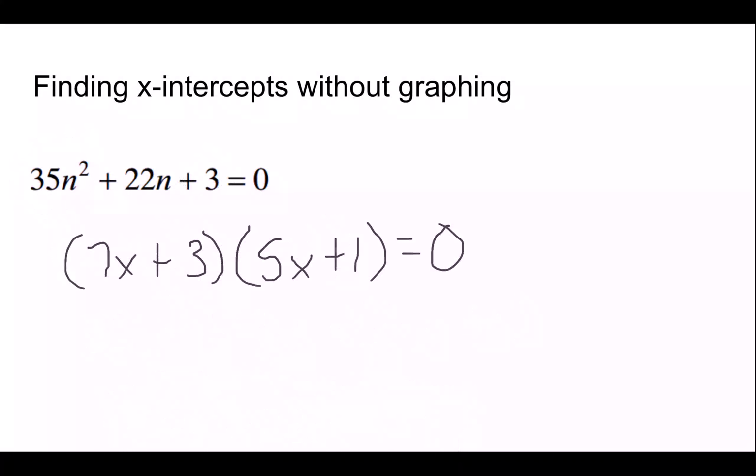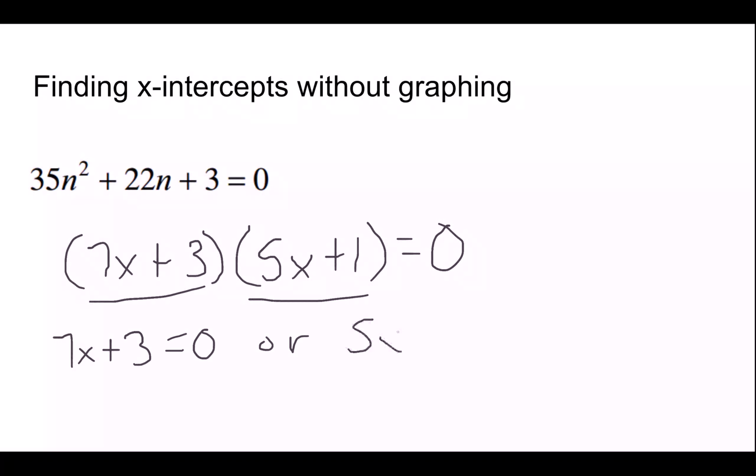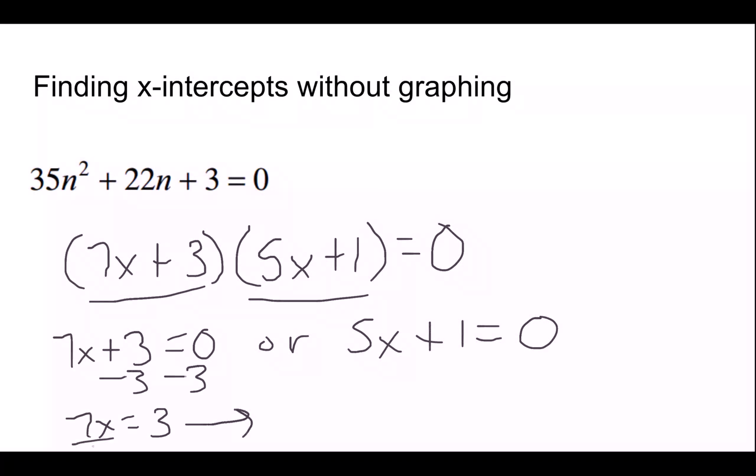Okay, so now that we have those, again, two things that multiply together to give you 0, one or both have to be equal to 0, so we're going to set both equal to 0. So this one or this one is equal to 0. And again, we'll solve through, so minus 3. So 7x is equal to 3. So when you divide by 7 on both sides, you should get that x is equal to 3 over 7.